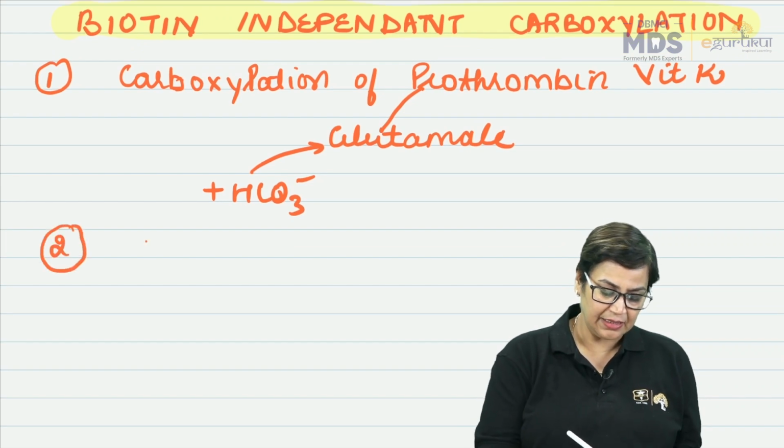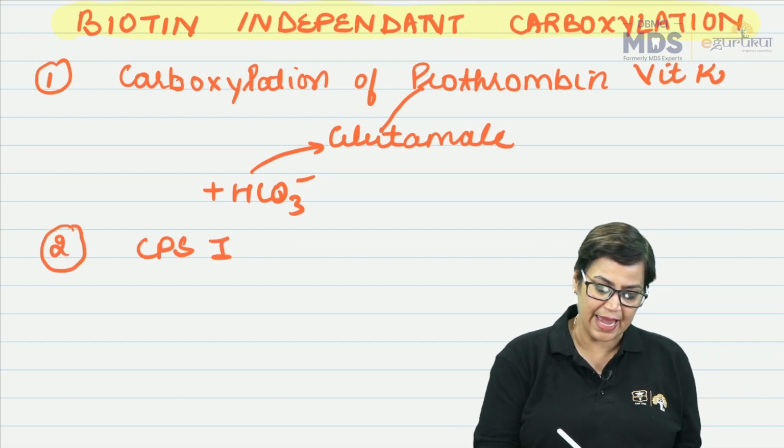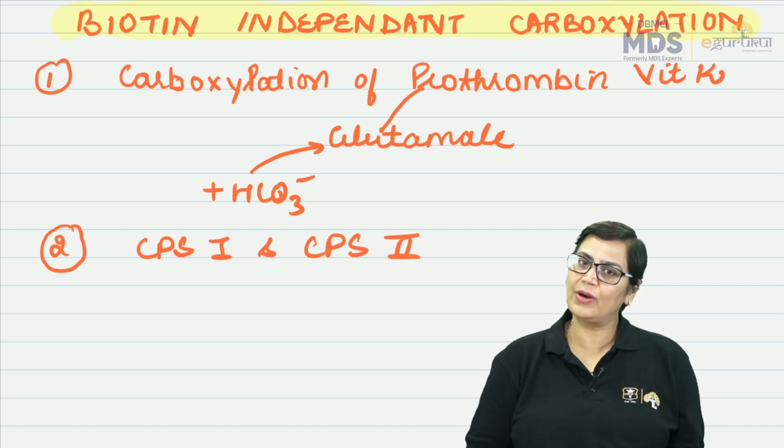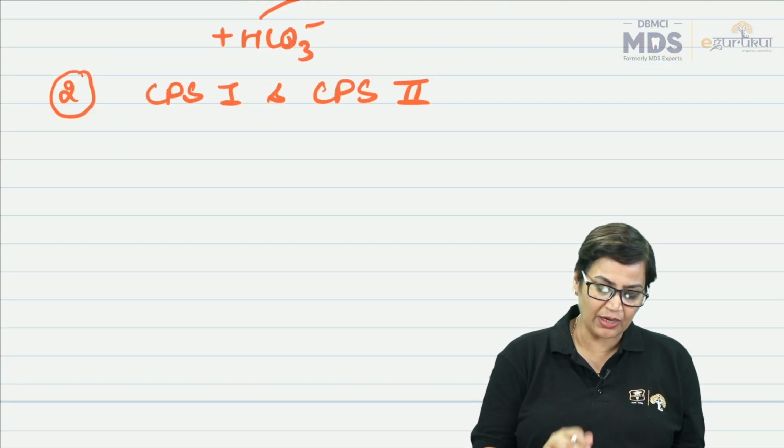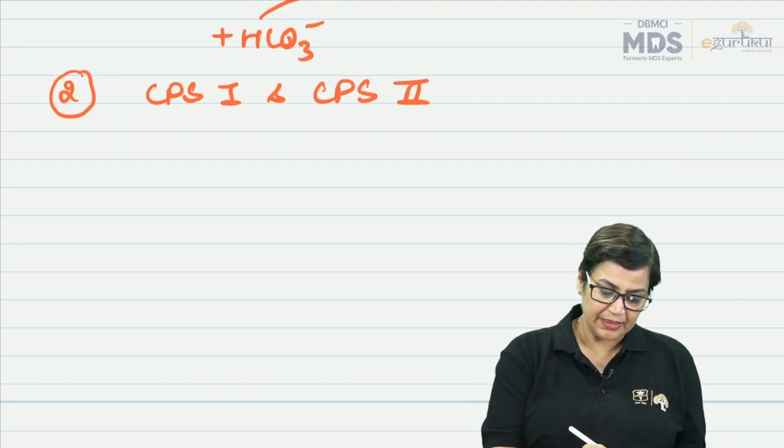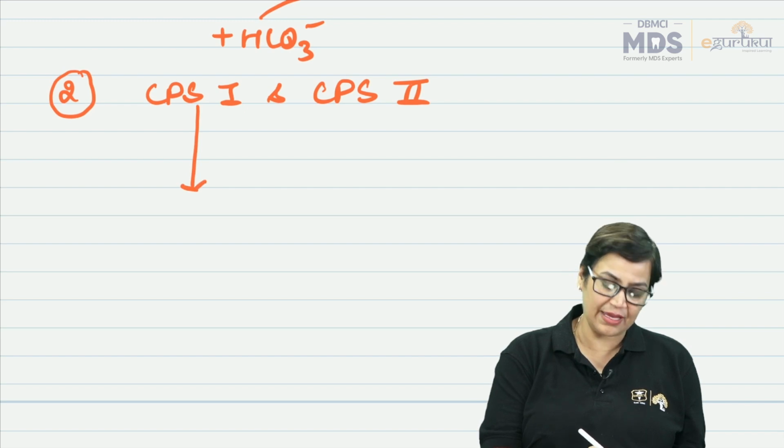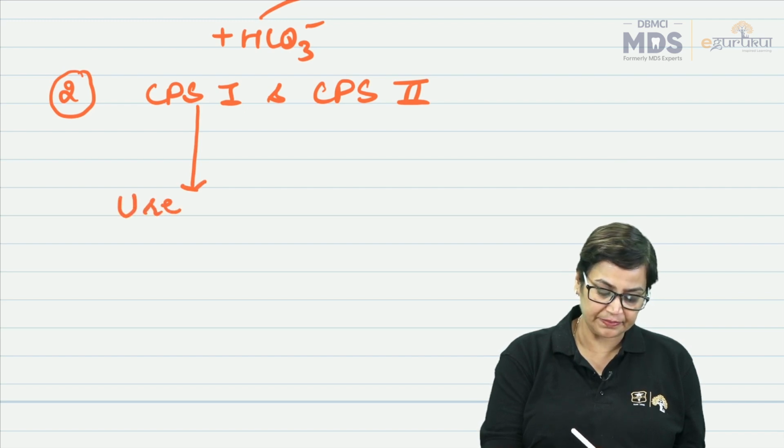Second is CPS1 and CPS2. These also do not require biotin. Now, if we talk about CPS1, CPS1 is an enzyme of the urea cycle.